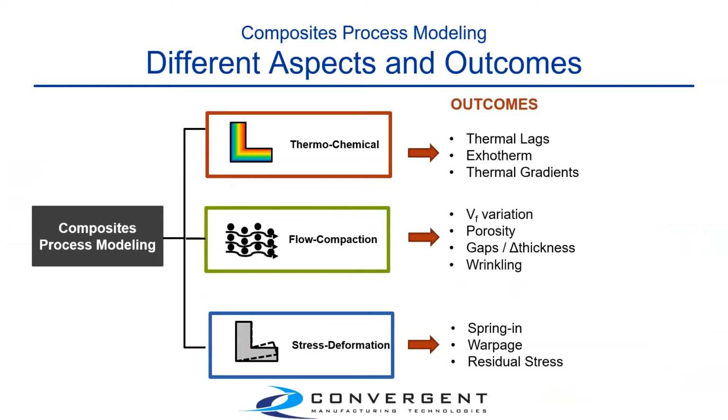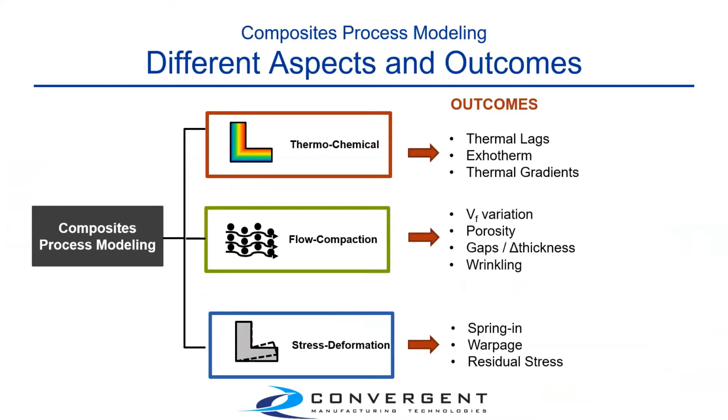So anything related to temperature and degree of cure evolution in the part and its gradients can be predicted. You can also look at, for example, the Tg of the material, or gelation. All of the things that are related to the thermochemical features you can get from thermochemical analysis.